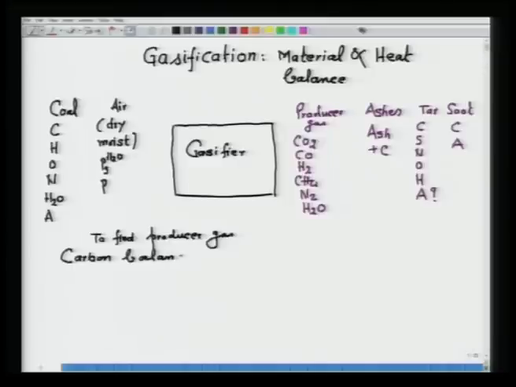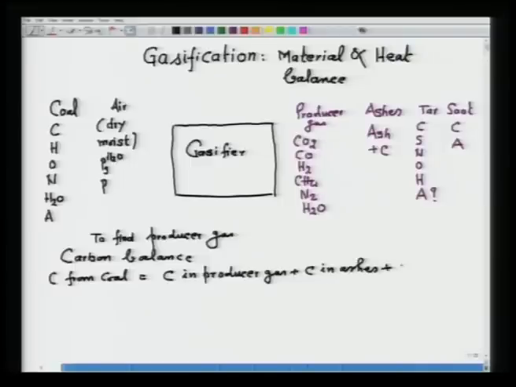One has to do a carbon balance, and in the carbon balance you have to take into account all sources entering and leaving. So, in this particular example, carbon from coal is equal to carbon in producer gas plus carbon in ashes plus carbon in tar plus carbon in soot.